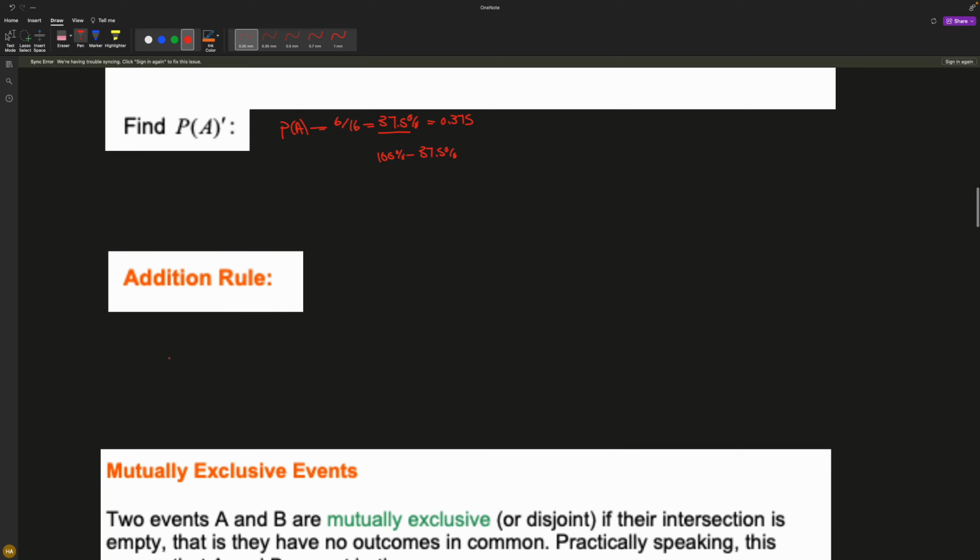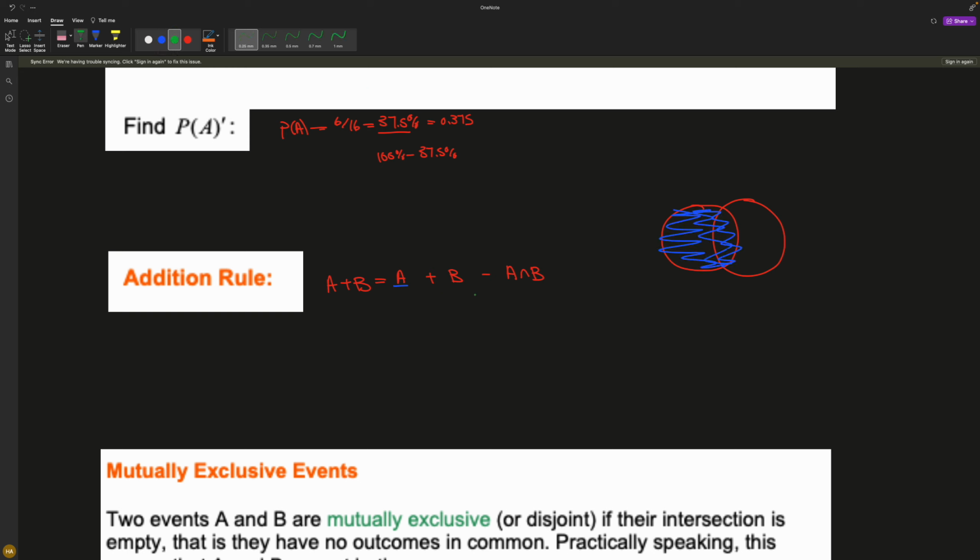The addition rule of adding 2 sets: if I do A union B, this equals A set plus B set minus A intersect B. Why do we subtract it? Because if I take this set, first I take A, so it's this section, right?